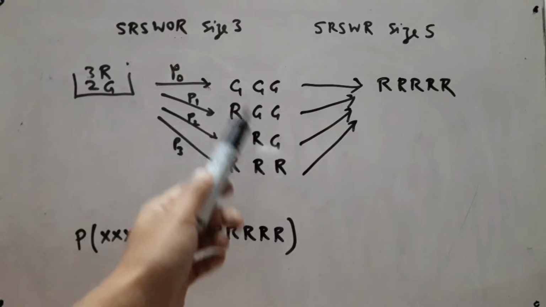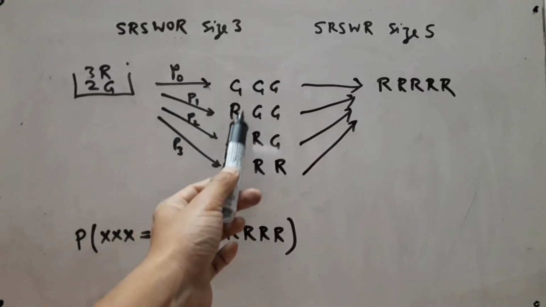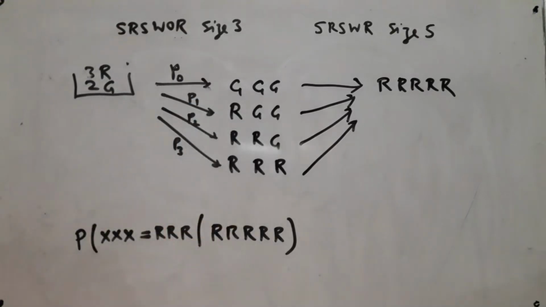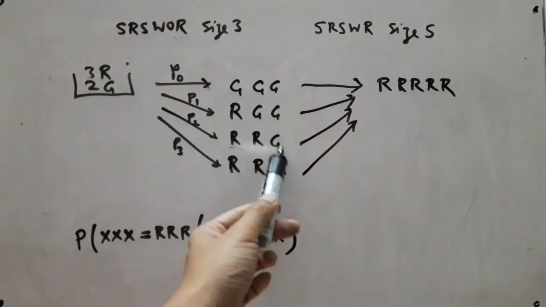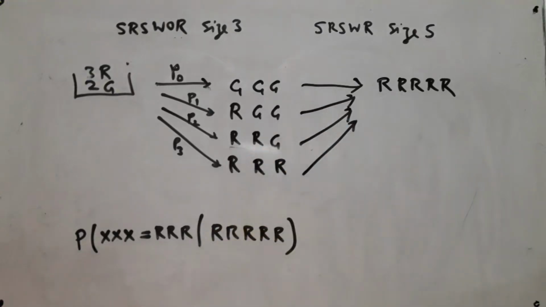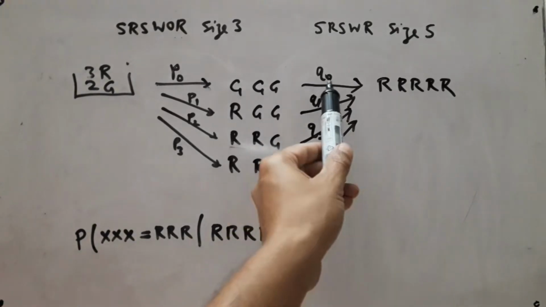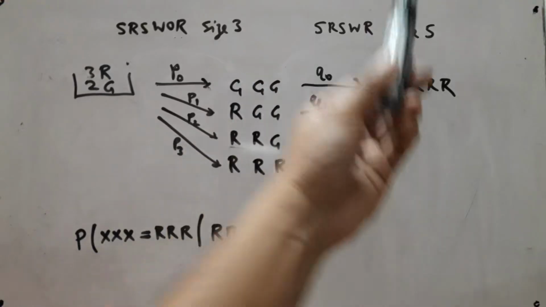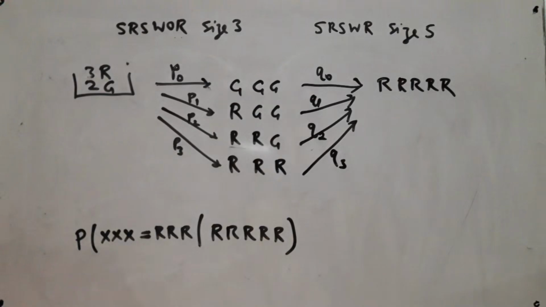So the probability that you get 1 red and 2 greens in the first step, I call that P1. Now, if you are here, there is a probability that you will get this. So these are also probabilities that I will denote by Q0, Q1, Q2 and Q3. By the way, you can easily understand Q0 will be equal to 0. If all these balls are green, how come you are getting red balls out of them?